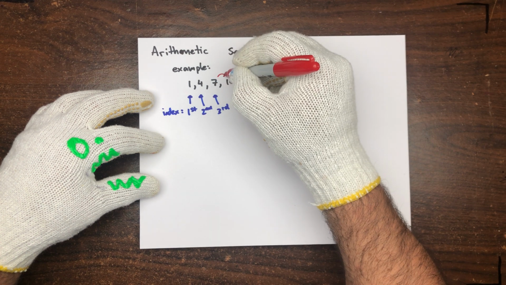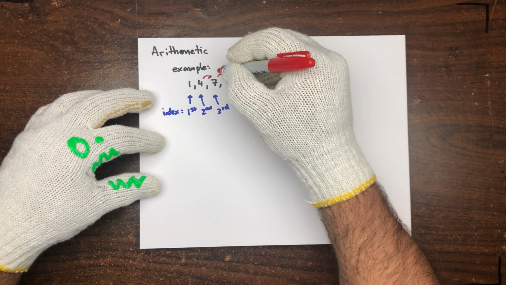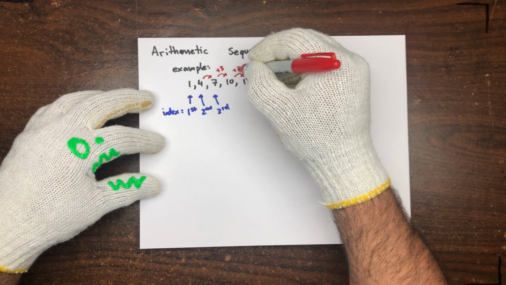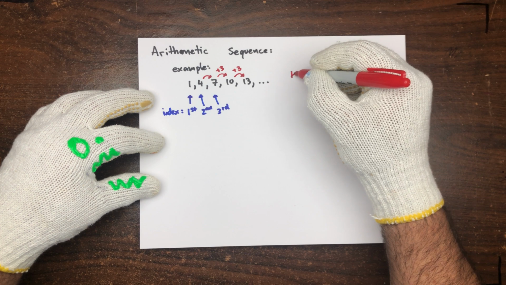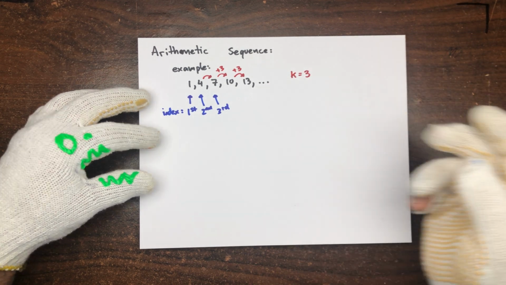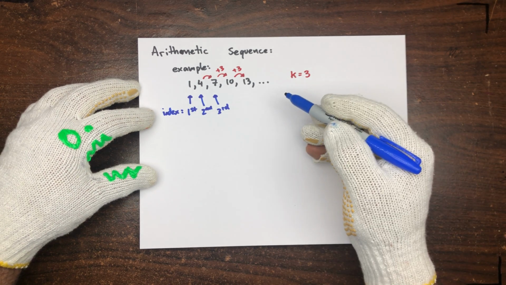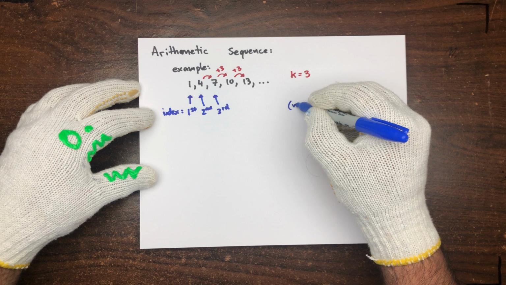The constant addition that goes from one to the next, in this case it's 3 plus 3 plus 3. We're going to call that variable k. Okay, so in this case, k is equal to 3. And n, well, depending on how far we want to go. Okay, but this would be the index n.